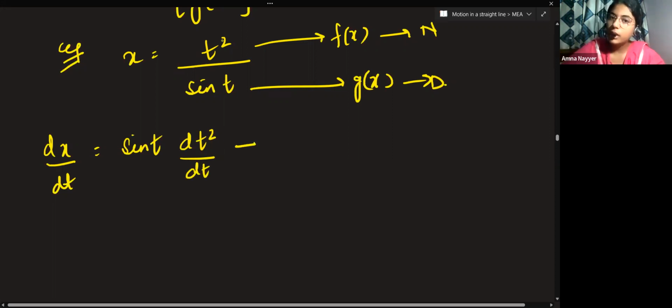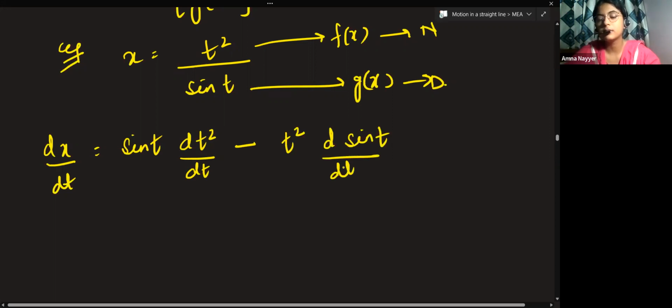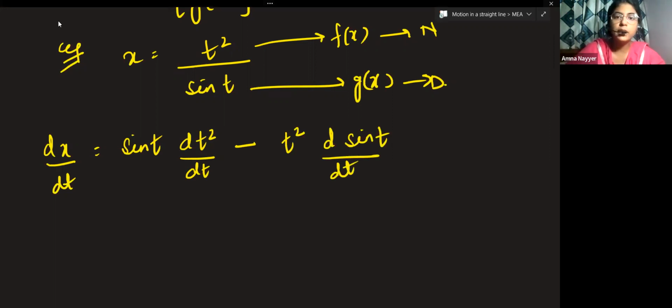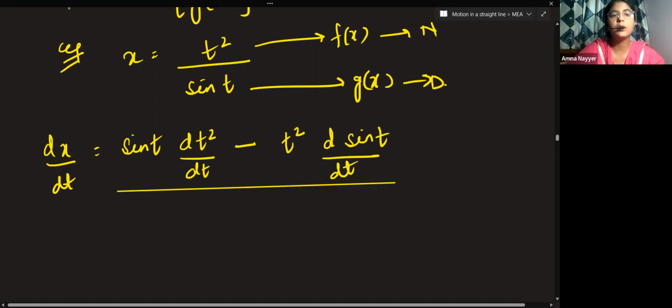Minus, now keep the numerator fixed as it is, t square, and differentiate the denominator given. This whole thing gets divided by what? Square of your denominator. So sine t is given, so it will be the whole square of it. That's how we have put everything in the formula.